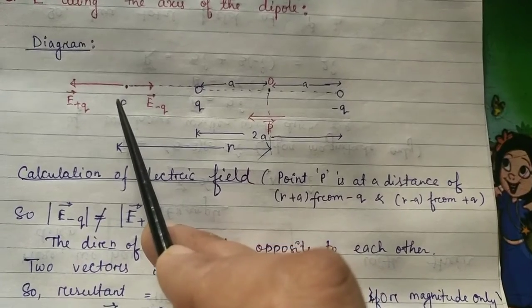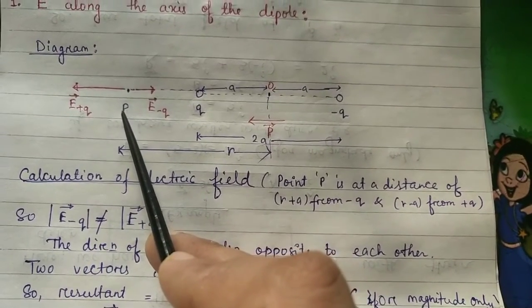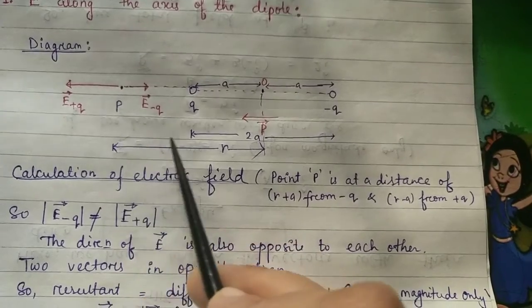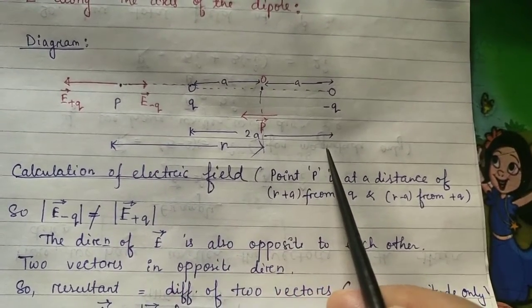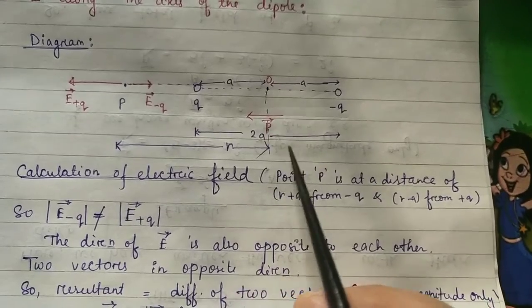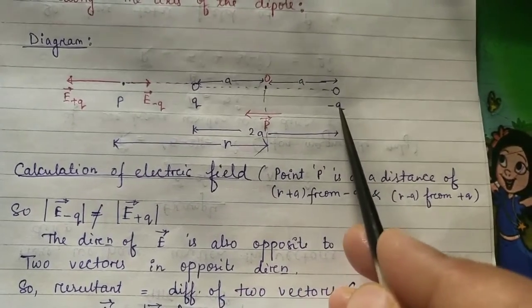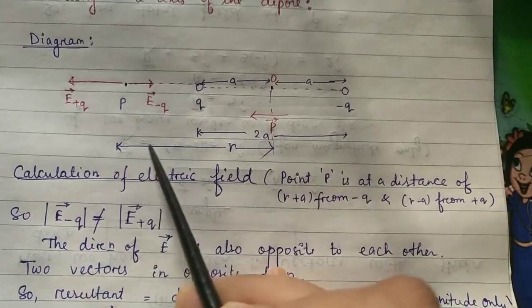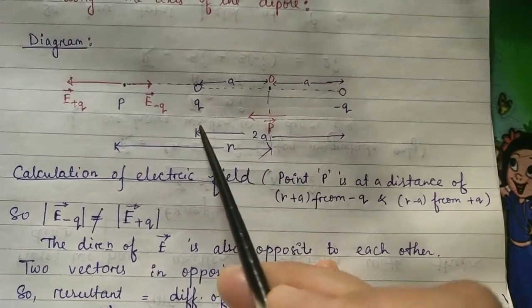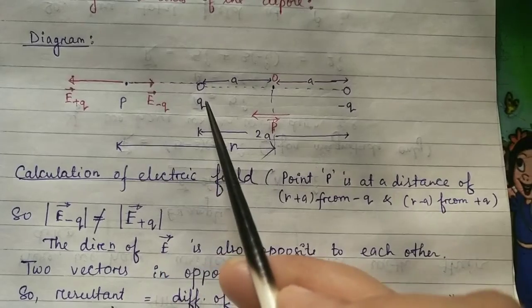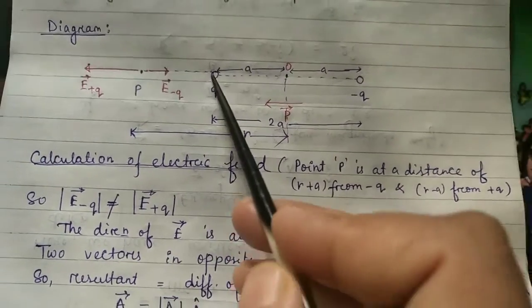From here to here it is r, and from here to here it is a. So it is r plus a from minus q. And from plus q, from here to here this is r, here to here this is a, so it is r minus a. So P is at a distance of r minus a from plus q.